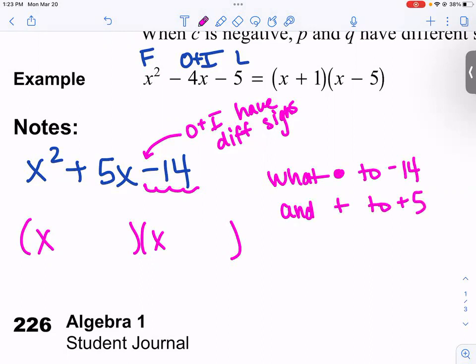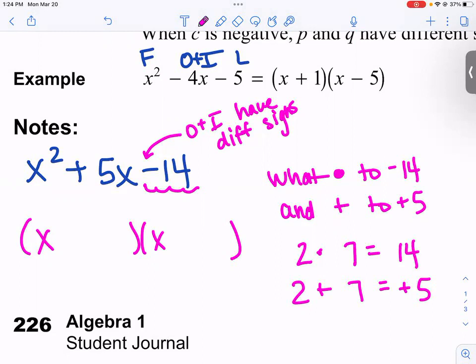So this is what I would try to do. I would think of what numbers multiply to 14? Well, we have 1 and 14, 2 and 7. 2 and 7 sounds nice, right? I know that 2 times 7 equals 14. Now if we want to equal a +5, which one needs to be negative?